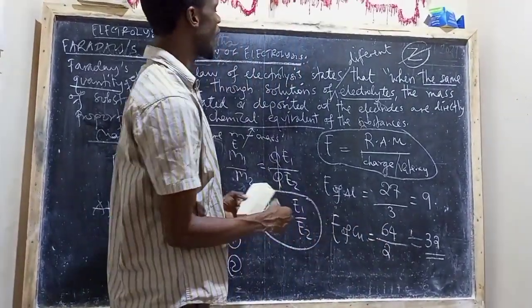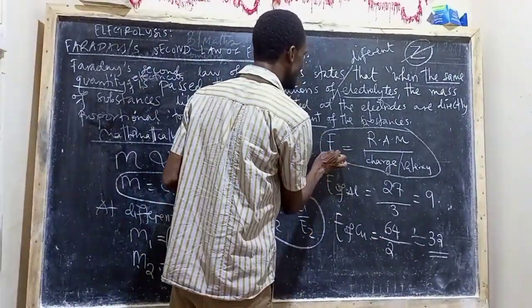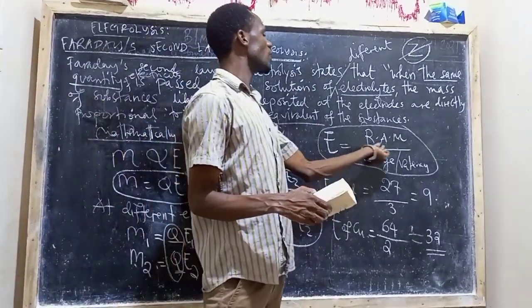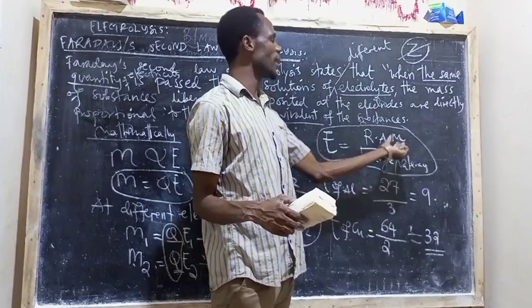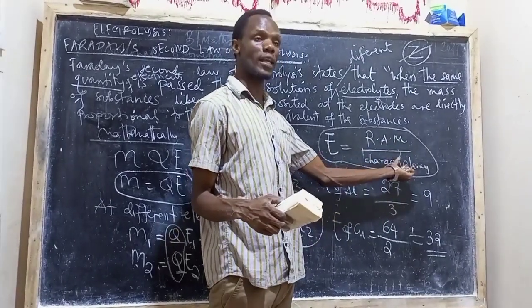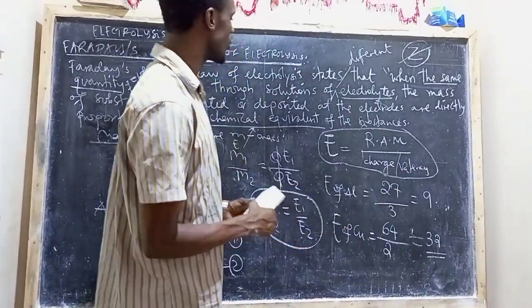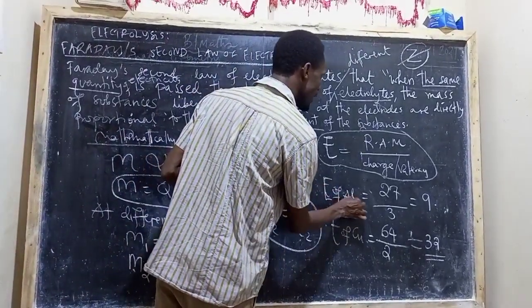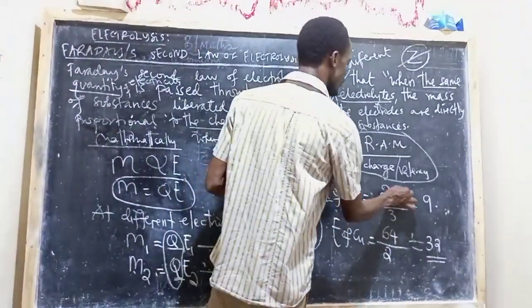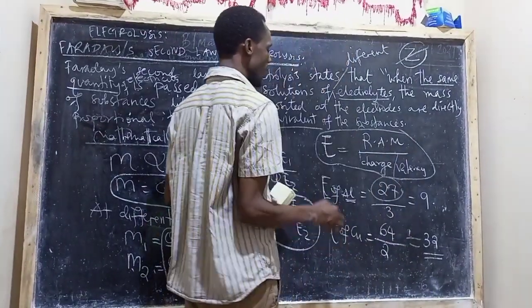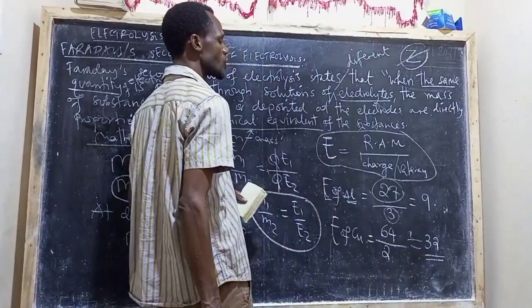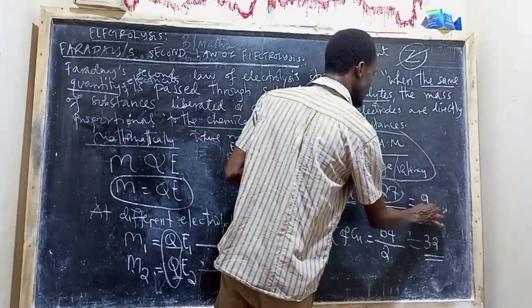But it is calculated under this formula: the chemical equivalent is equal to the relative atomic mass of an element divided by the charge or valence of the element. That is why I've given you an example. If you're talking about the chemical equivalent of aluminium, we have the relative atomic mass of aluminium 27 and the charge of aluminium, which is positive 3, and then we divide, we get 9.